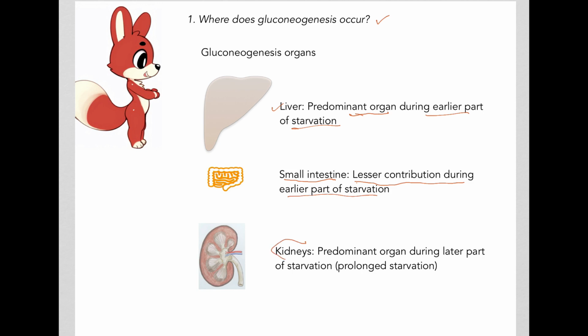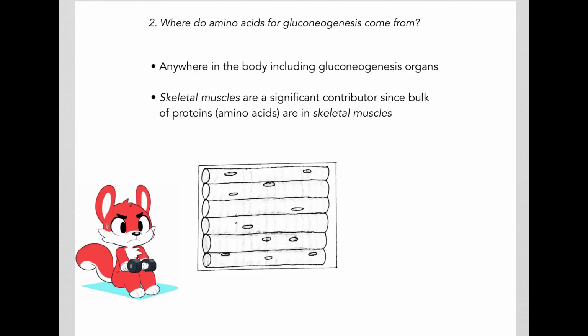And finally, we have the kidneys, which are the predominant organ for gluconeogenesis, especially during the later part of starvation, or what we refer to as prolonged starvation. So we are going to talk about the liver, small intestine, as well as the kidneys as the major sites for gluconeogenesis. In the future, we might find newer sites. However, for this video, these are the three sites that we'll talk about as far as gluconeogenesis is concerned.